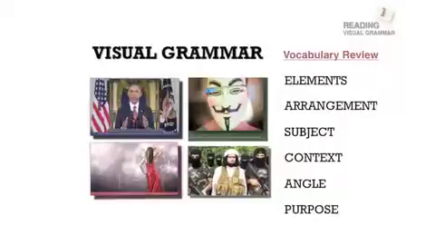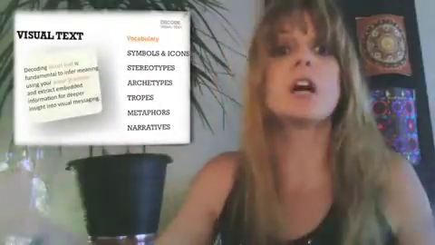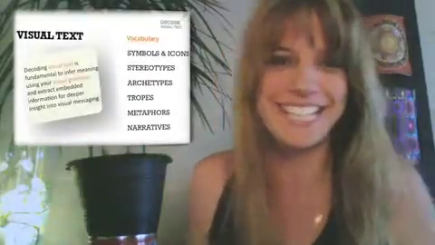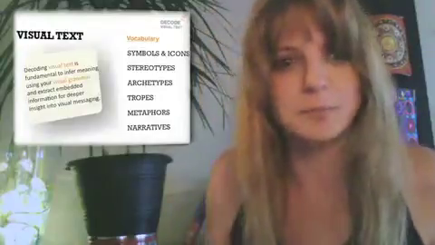Context. We can now place certain context within it. The historical context, the cultural context. And these are very personal, the context. It's how we each interpret. We took a look at the angle and the purpose. So we're moving on now to the next section. I hope you grasped all of those.